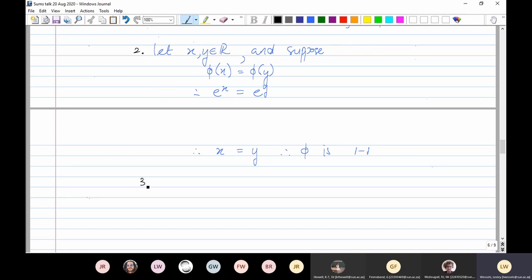Then our third step, in this case, is to show that phi is surjective.